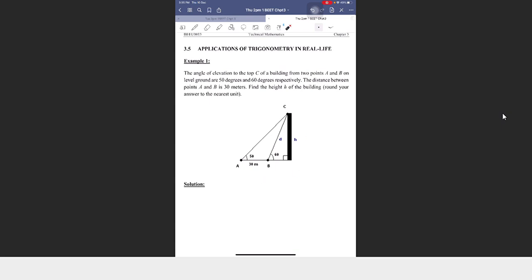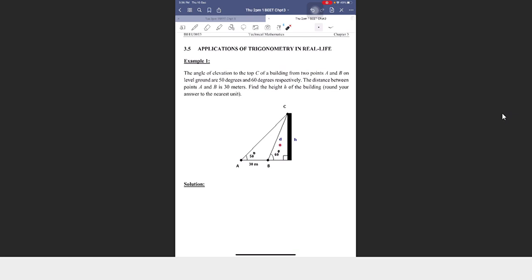So basically, if you read the question carefully, this question just describes this diagram. This 50 degrees, that is a degree, and 60 degrees is an angle.